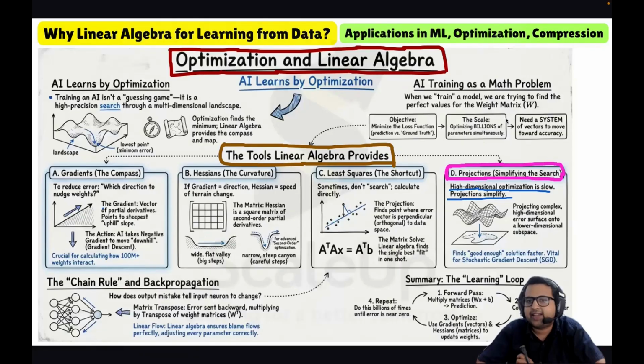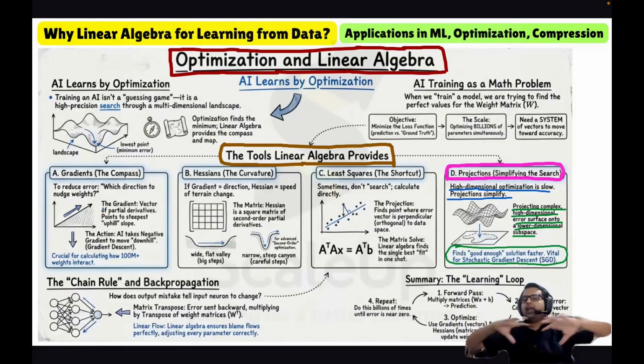So the idea is that by projecting a complex high dimensional error surface onto a low dimensional subspace, if we can reduce the dimensions, we can find a good enough solution much faster. And this is what we do in stochastic gradient descent, which looks at small batches of data at a time.